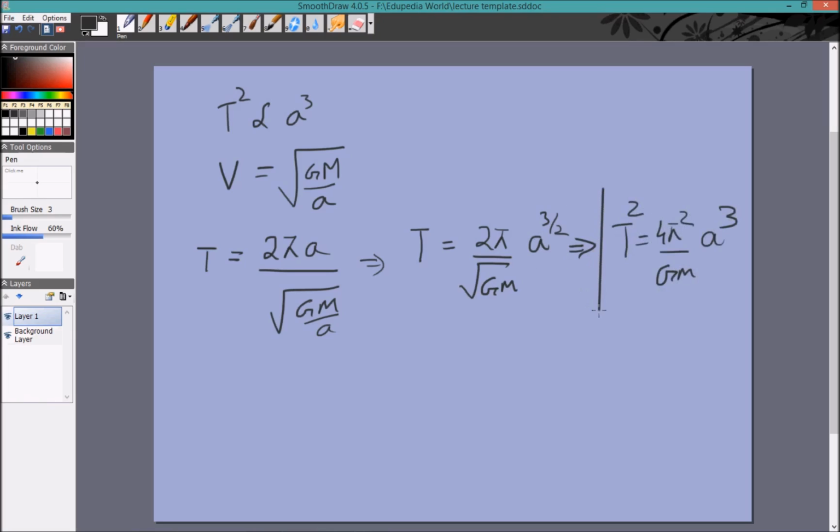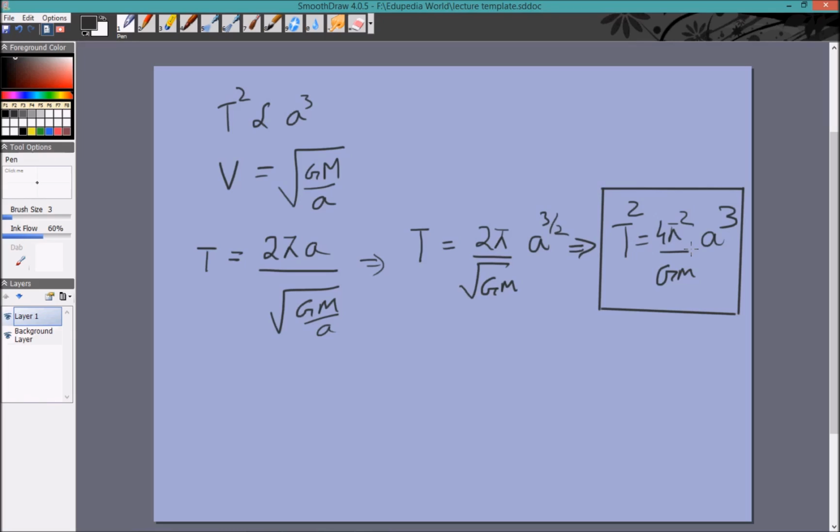So this is a verification of Kepler's third law, which says that the square of the time period is proportional to the cube of the semi-major axis. So we've seen Kepler's three laws are indeed true if we assume that the planet moves in a circle about the center and the speed of the planet is constant.